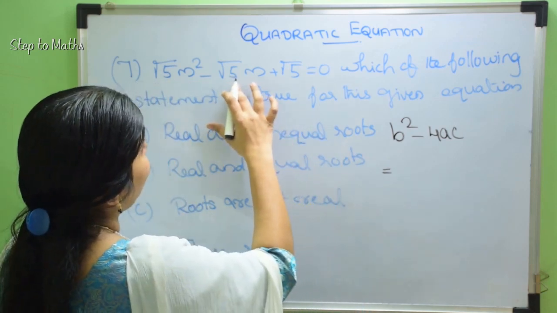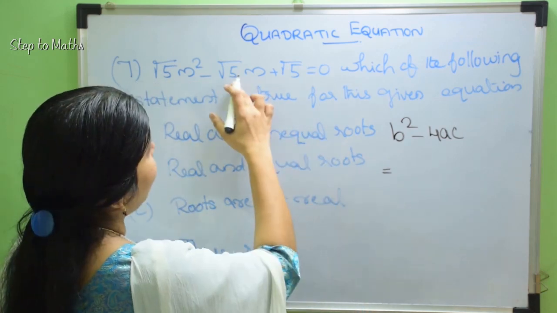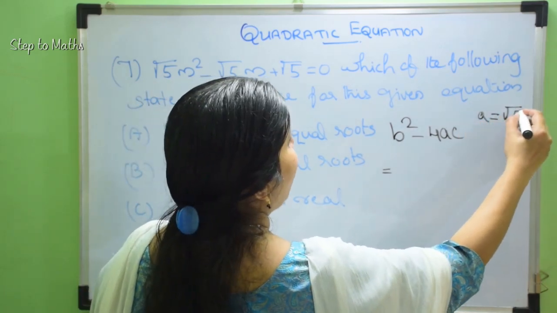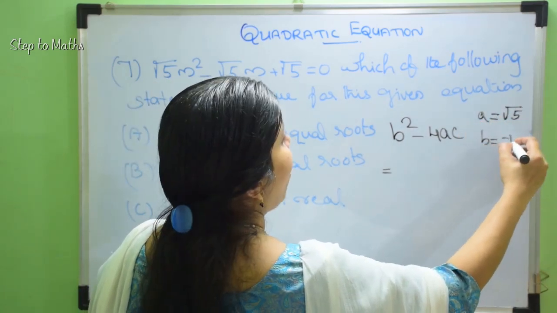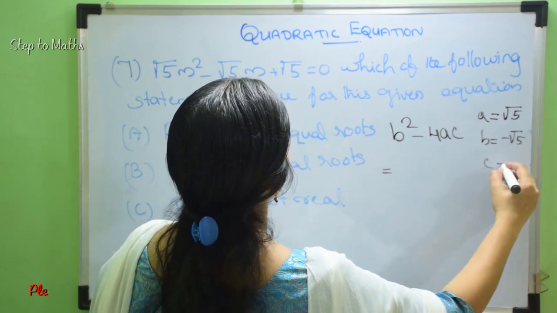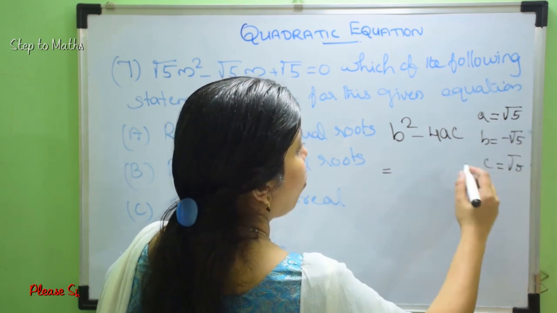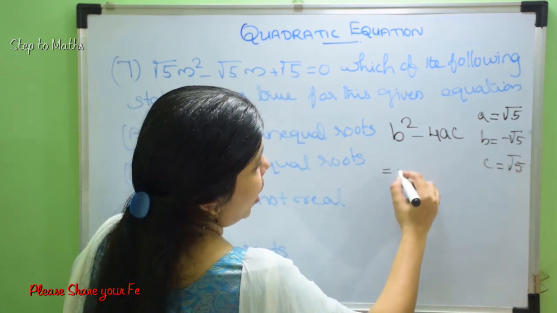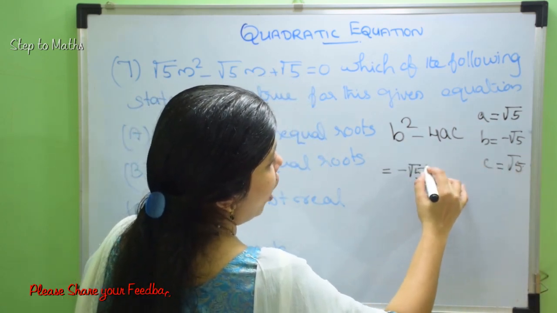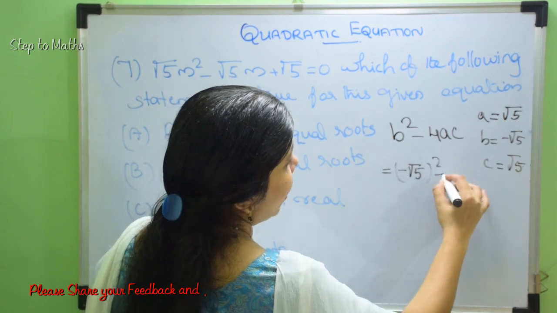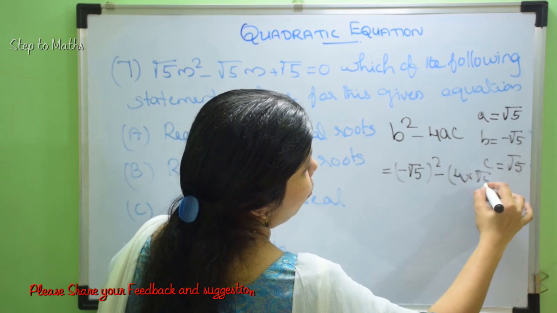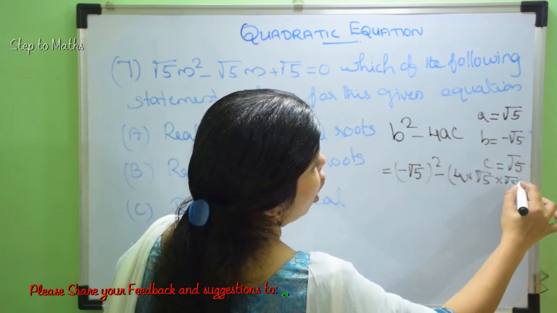Here for the given quadratic equation, a is equal to root 5, b is equal to minus root 5 and c is equal to root 5. b square is minus root 5 square, minus 4 into a, which is root 5, and c, which is root 5.